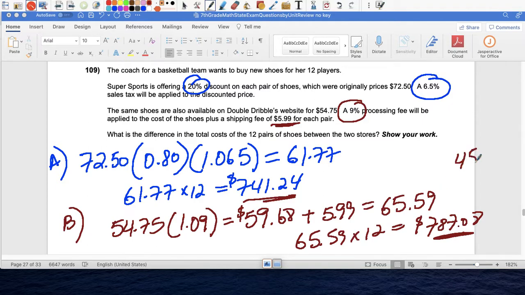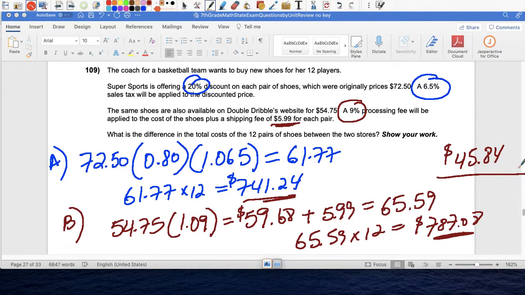Why am I getting a different answer over here? Let me just see if I did this correctly. 72.5 times 20% discount, 0.8, times tax, 1.065. That's 61.77. Multiply that by 12. So that one looks good.